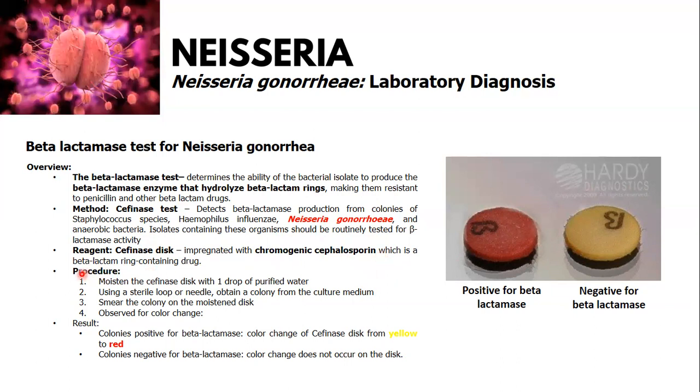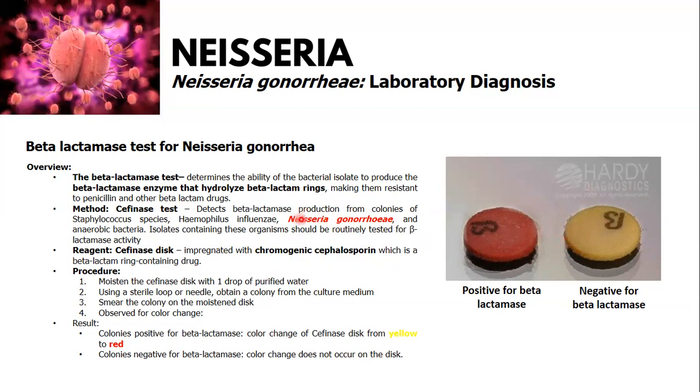So for the procedure, the Cefinase discs are moistened with 1 drop of purified water. And using a sterile loop or needle, we are going to obtain a colony from the speciated isolate and smear it on these discs.